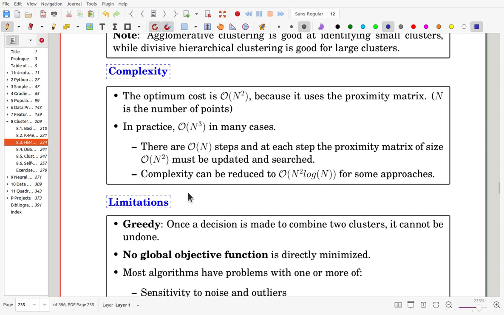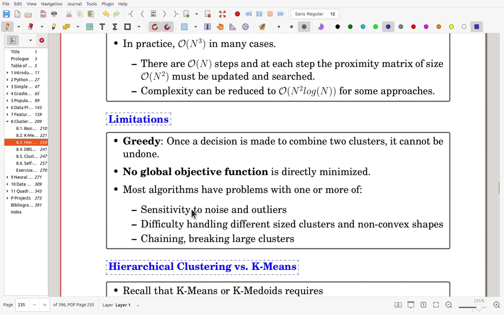Now, with a good arrangement, the complexity can be reduced to order n squared log n. One n is changed into log n for some approaches, but basically in practice, in most cases, the computation cost is order n cubed.